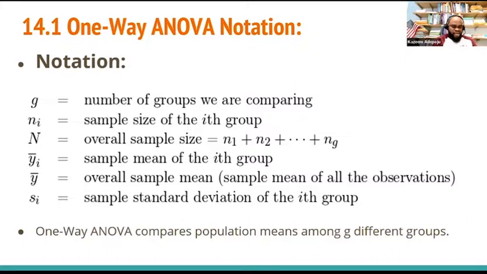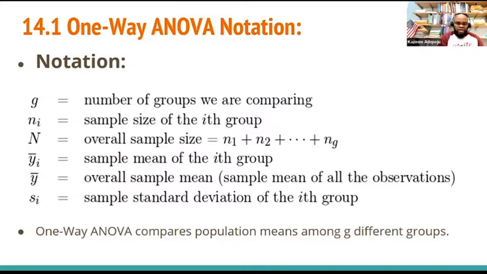And that's why you see n_i. And the big N here is the overall sample size, because that's where we are adding the number of participants in each group, and when you add them up, that would be the overall sample size.